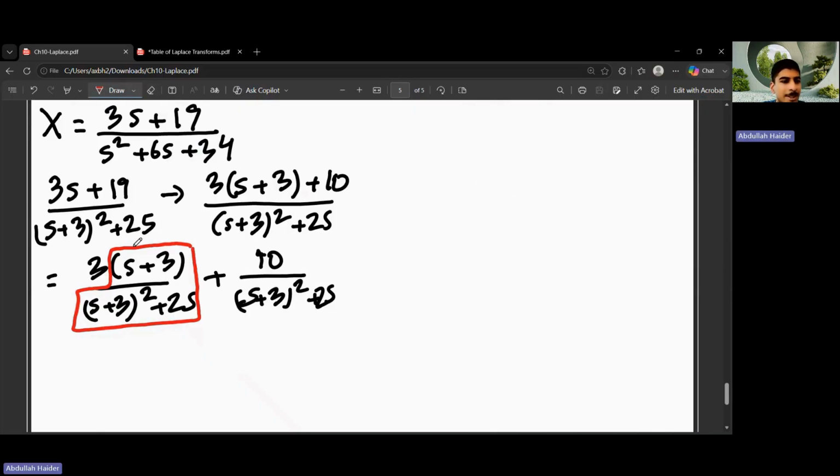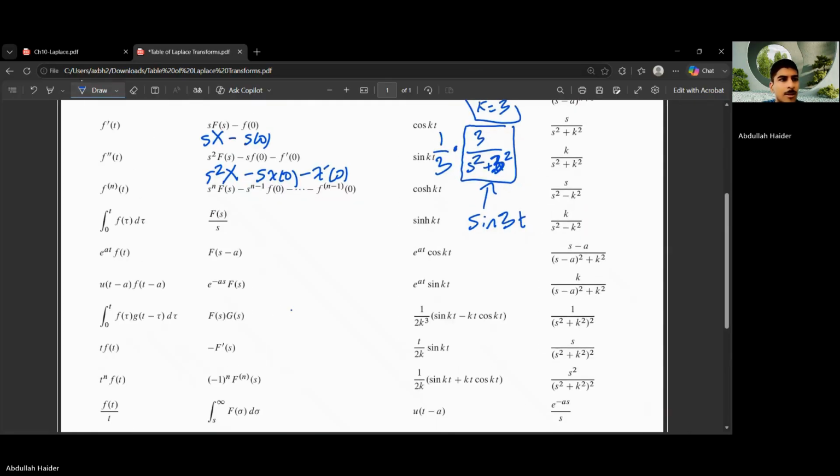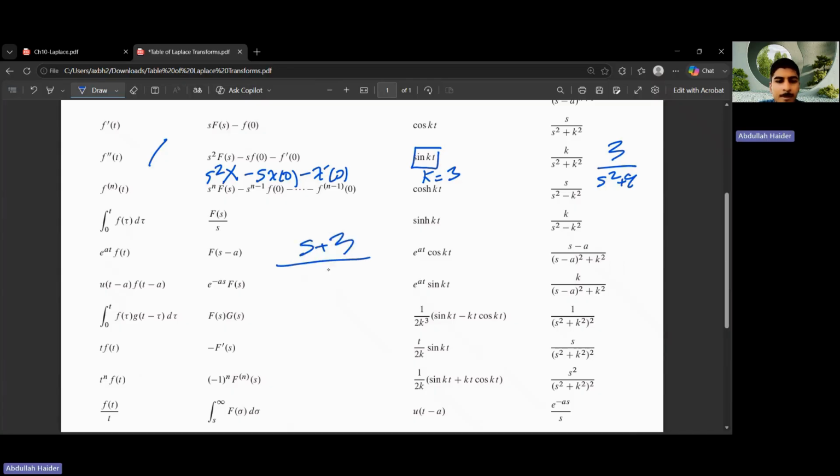So we have s plus 3 over (s plus 3) squared plus 25, meaning I have an s minus a over (s minus a) squared plus k squared. Yes, that works. Plus or minus doesn't matter.